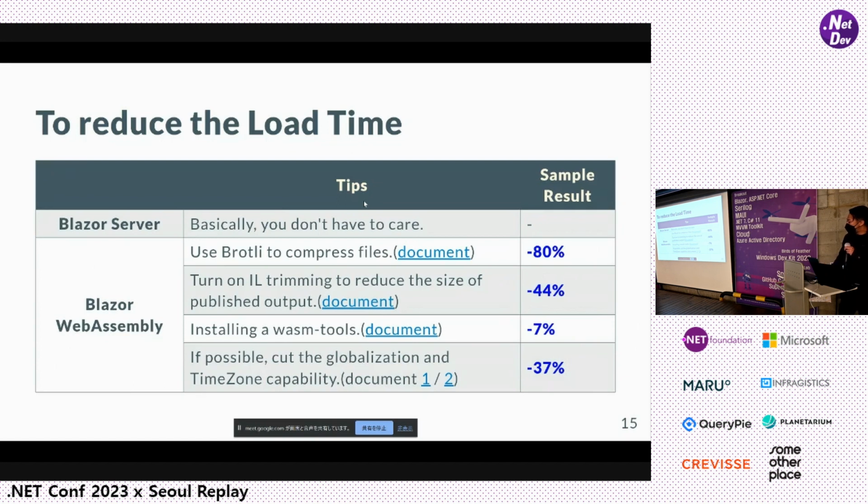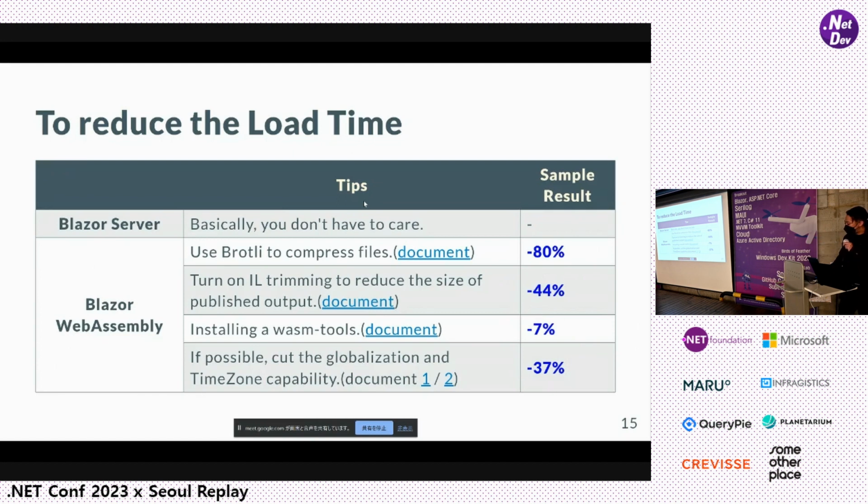First, you can use Blazor to compress files over HTTP, and please note you can do that even if your server doesn't support it, by writing some code in your project.